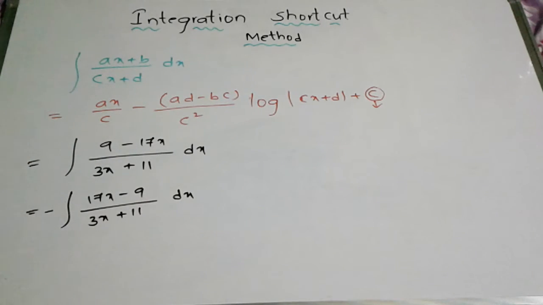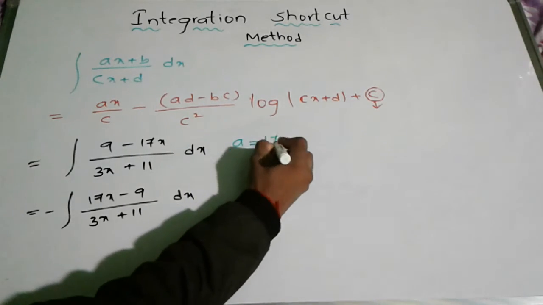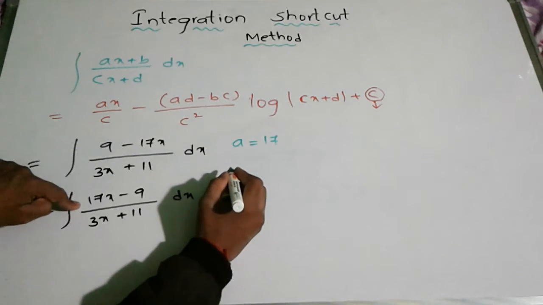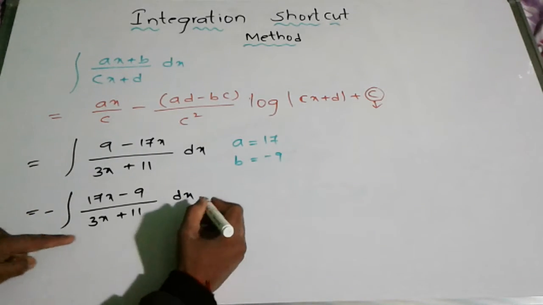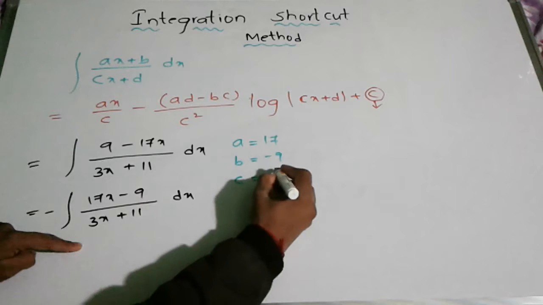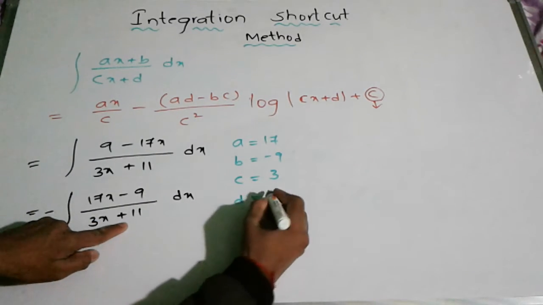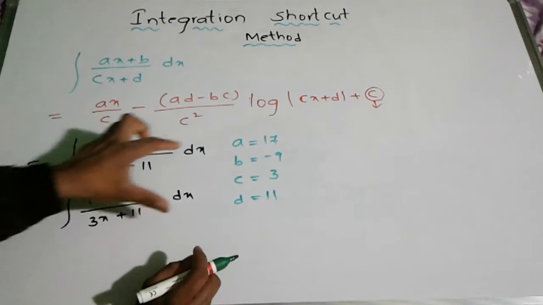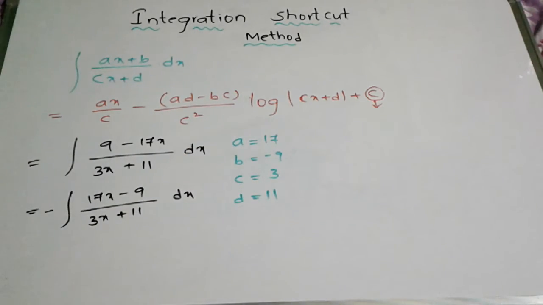First you have to compare the terms, right? Here a equals 17, and b equals minus 9, and c equals 3, and d equals 11. By substituting these values over here, you will get the answer within seconds, right?